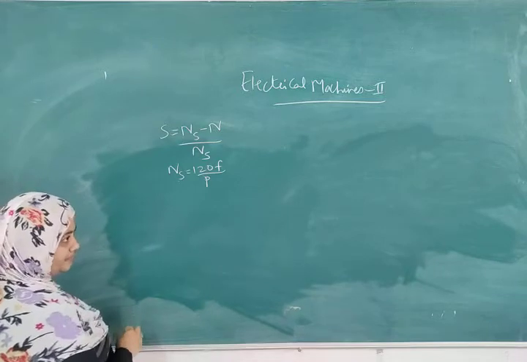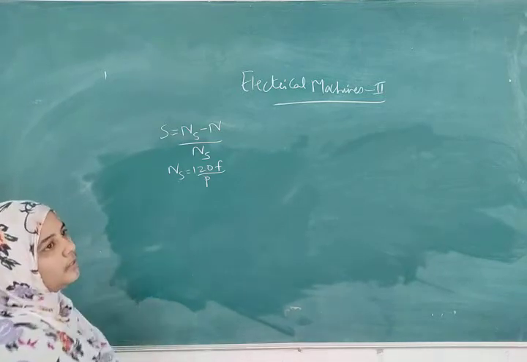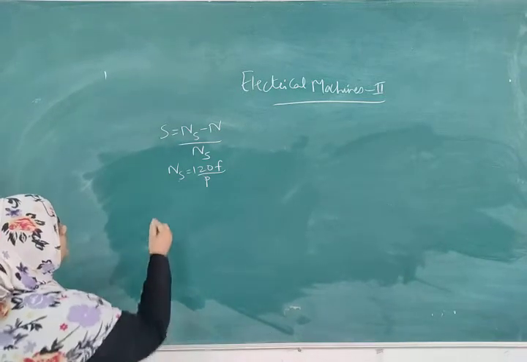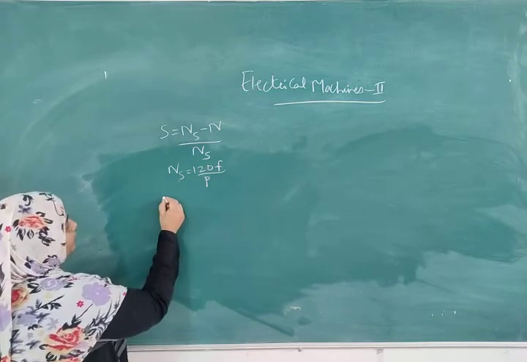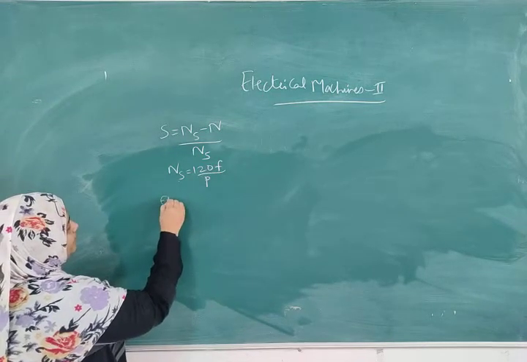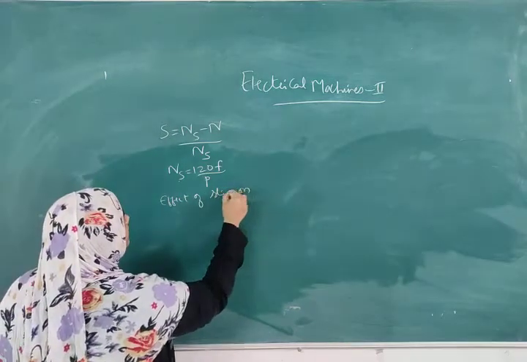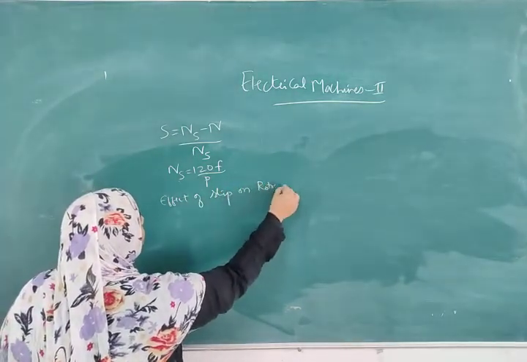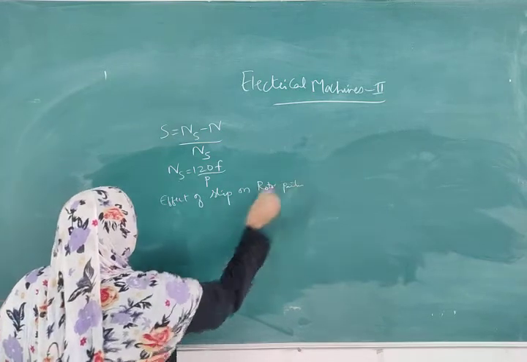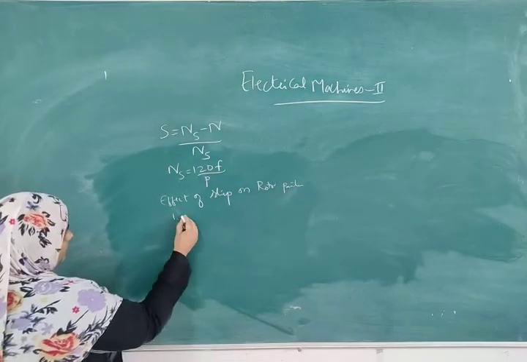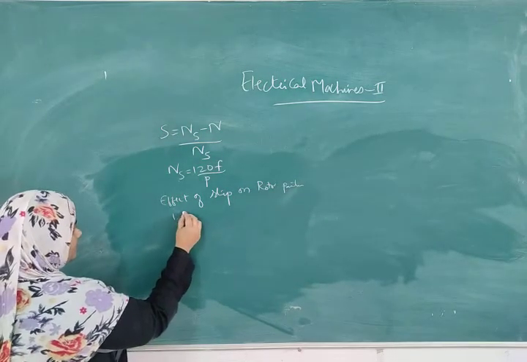Also, we have seen a few problems on slip. We have also seen the effect of slip on various rotor parameters. So what are those parameters we have seen? Supply frequency.